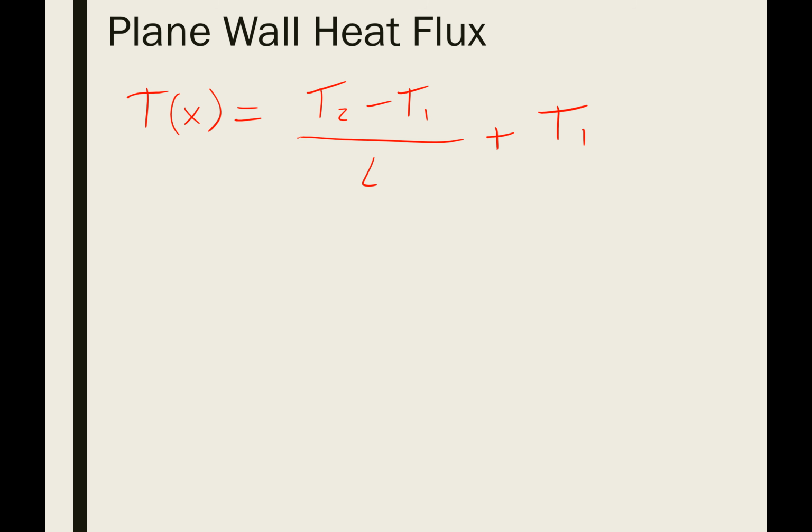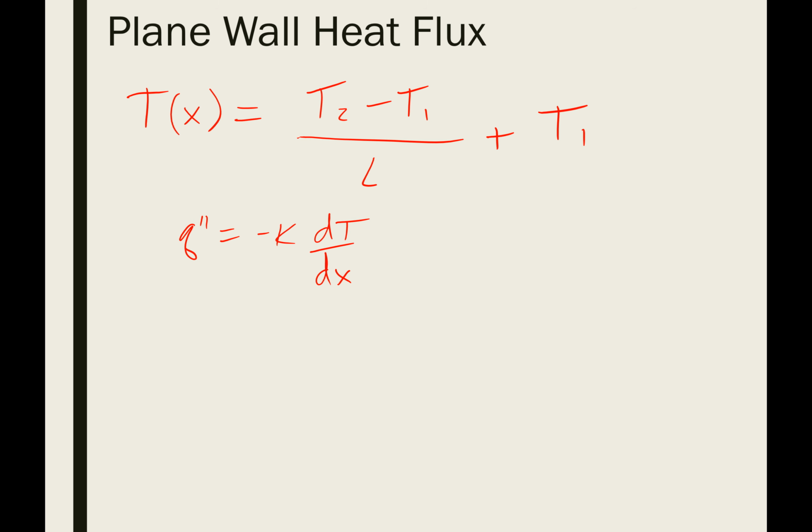Who remembers off the top of their head Fourier's law, or even a verbal description would be fine as well? Flux equals negative constant times dT over dx. Great. Thanks, Peter.